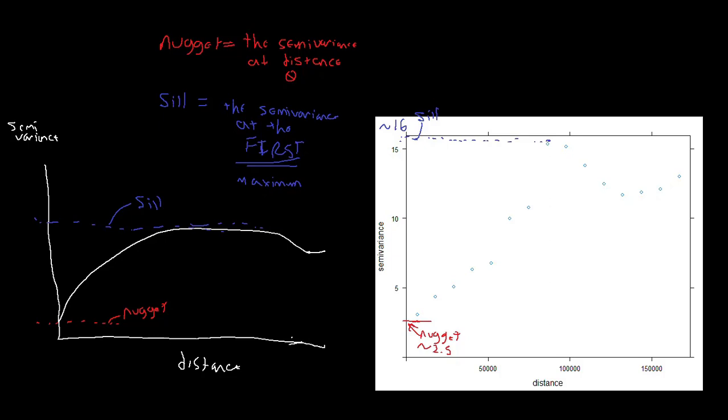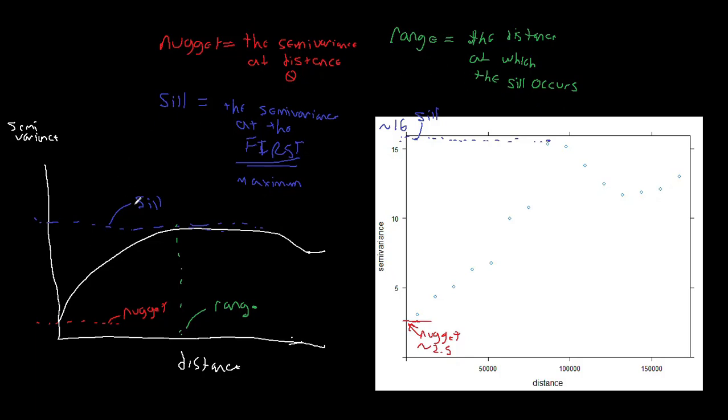And then the third value that you need to be aware of is this, which is called the range. And range is basically the distance at which the sill occurs.